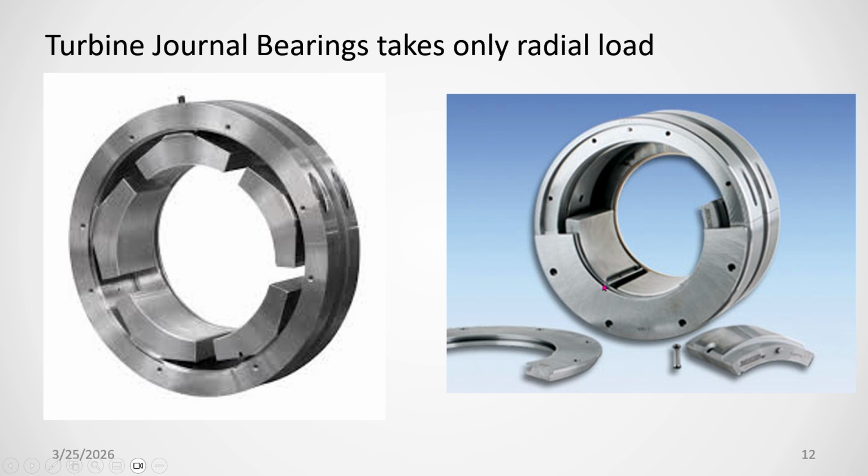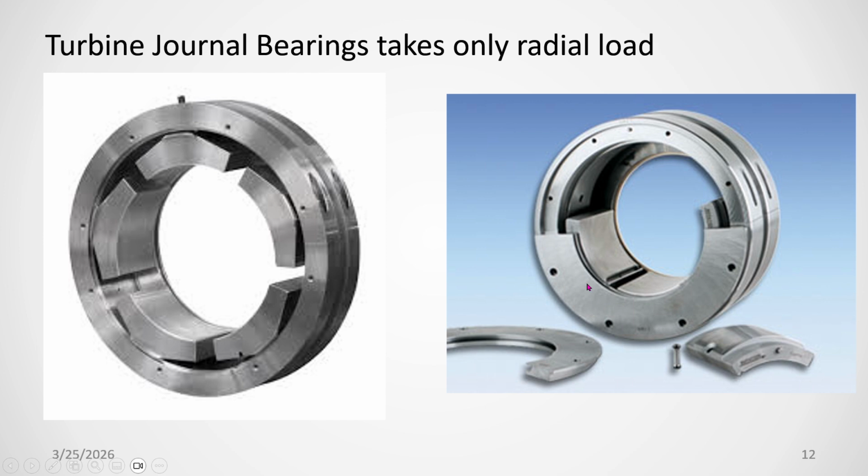That's why normally, for high critical design or high pressure design turbines, we use tilting pad type journal bearings. These are the oil seals on both sides, so that oil will be retained inside the journal bearing, around the pad.